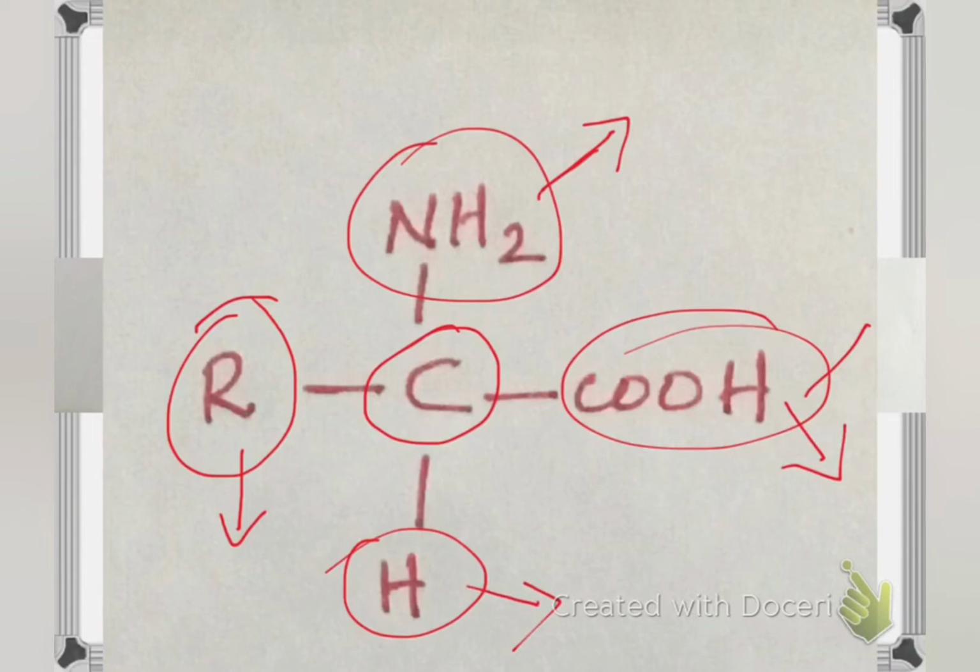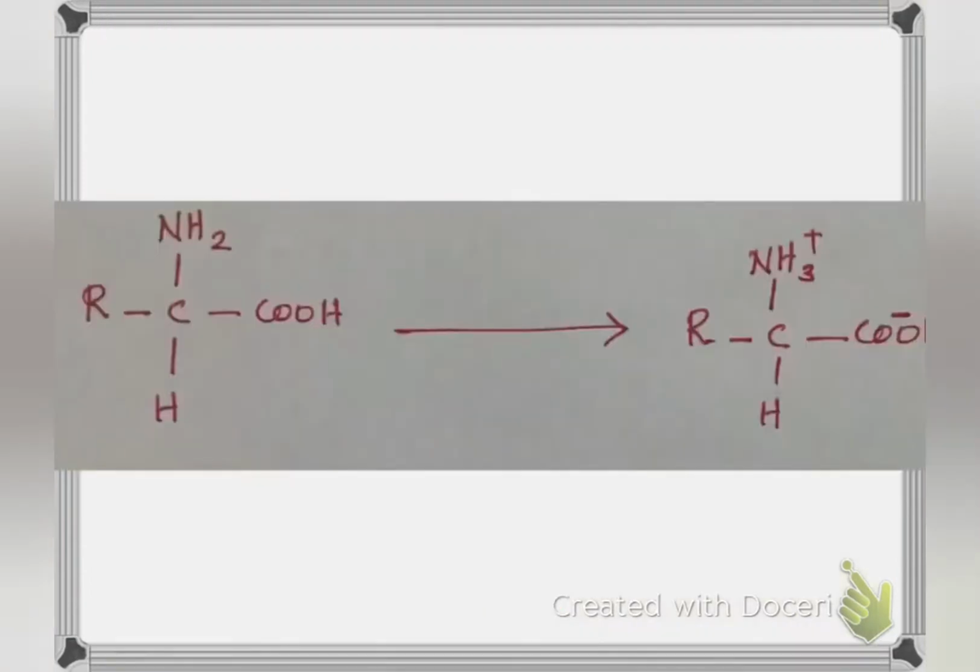Now let us see the formation of Zwitter ion. When an amino acid is dissolved in aqueous solution, the hydrogen of the carboxyl group is transferred to the amino group of this amino acid.